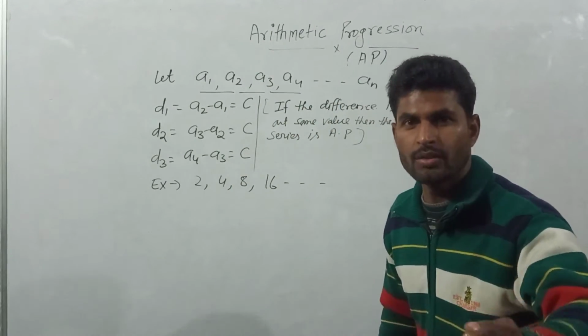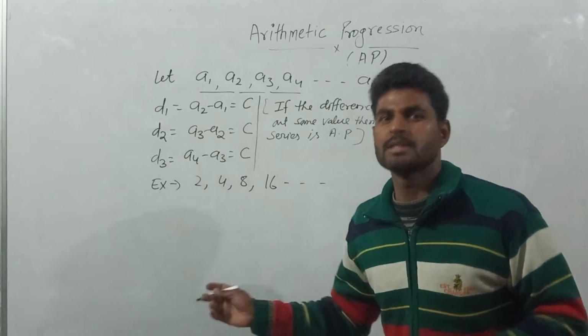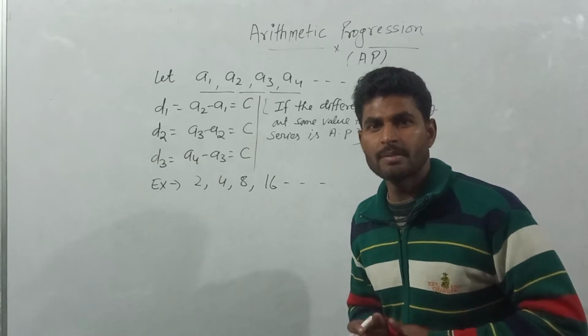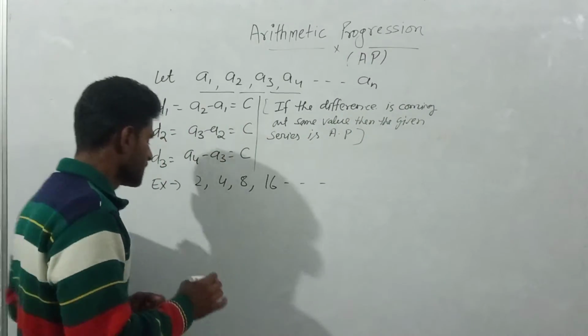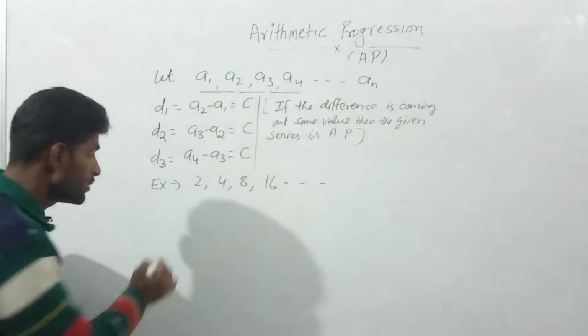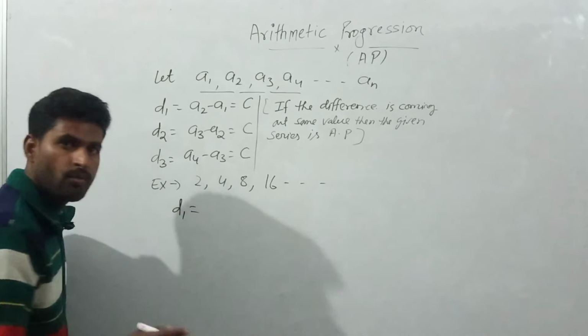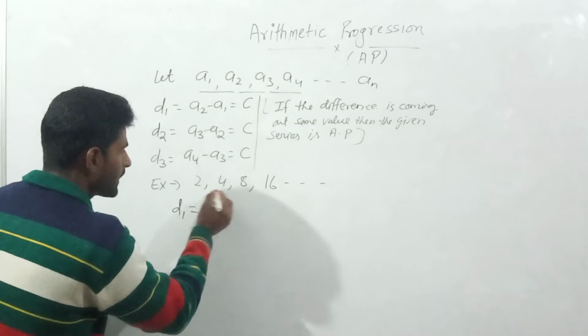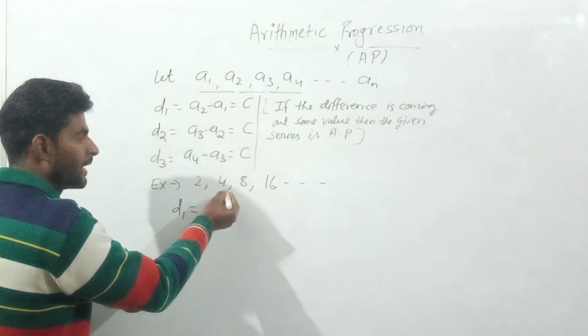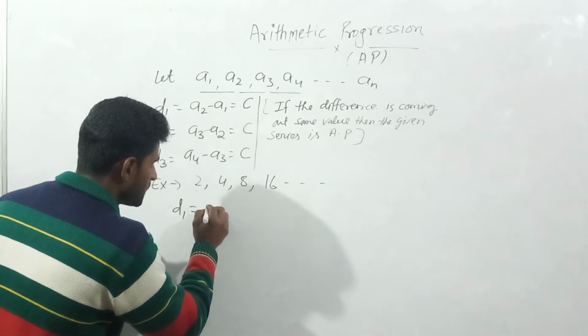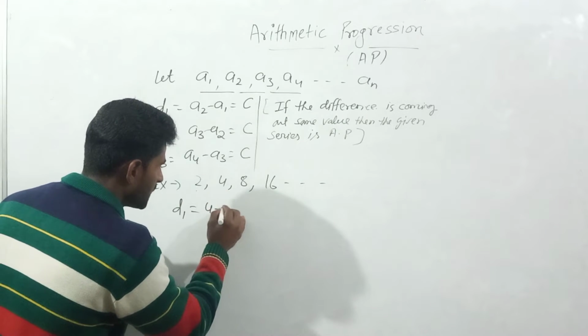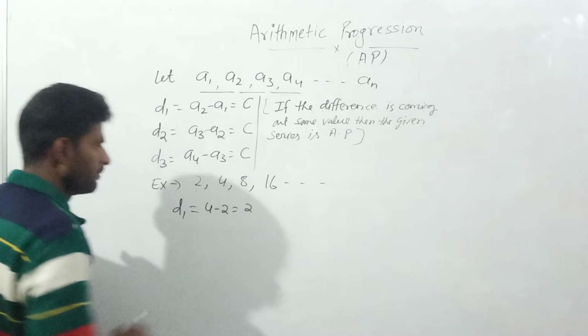So my dear student, I am sure you are laughing, this is a very simple question. So find out the value of D1. How can you find it? Simply subtract the first term from the second term. How? This is 4 minus 2, it will be 2.